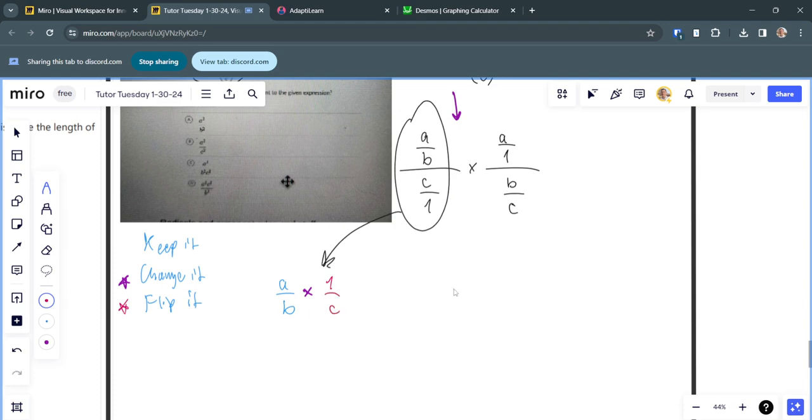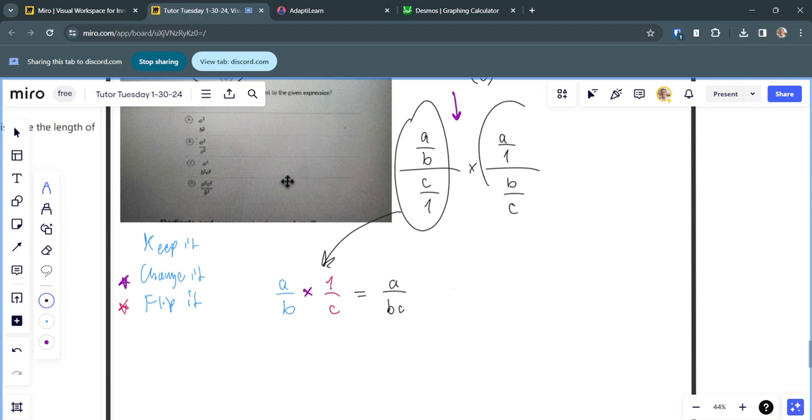So dividing a over b by c over 1 is the same thing as multiplying by 1 over c. That's pretty useful because this becomes a over bc.